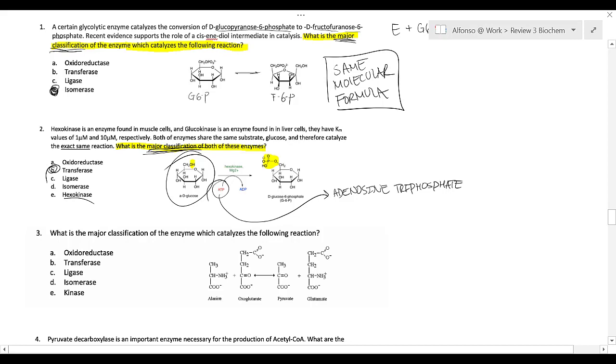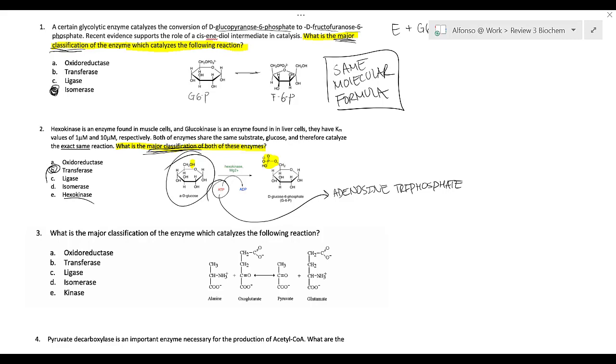So pause the video and look at the substrates and look at the product, and I want you to ask yourself, student, what is happening to alanine or oxoglutarate? Yeah, so go ahead and pause the video. All right, for those of you who paused it or just decided to watch through, I commend you.